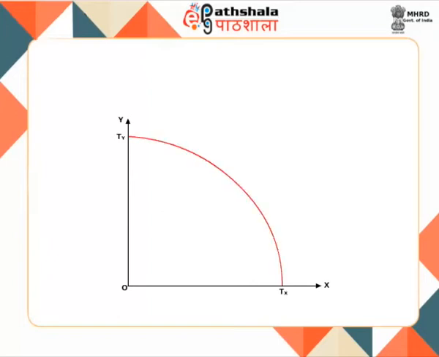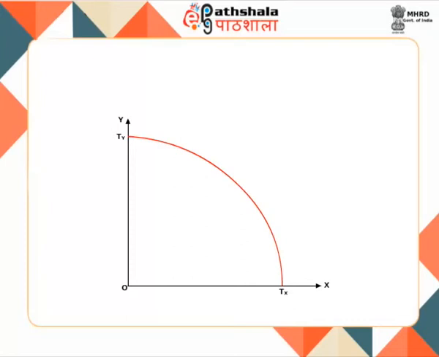Tx, Ty is the transformation curve, which is derived from the production contract curve. Thus, every point on the transformation curve shows general equilibrium in production.